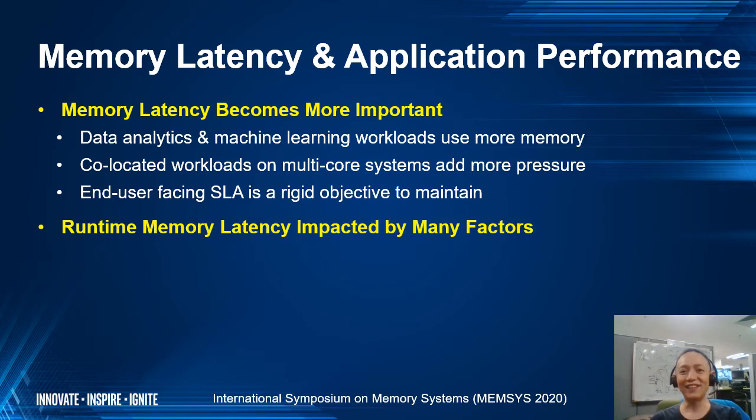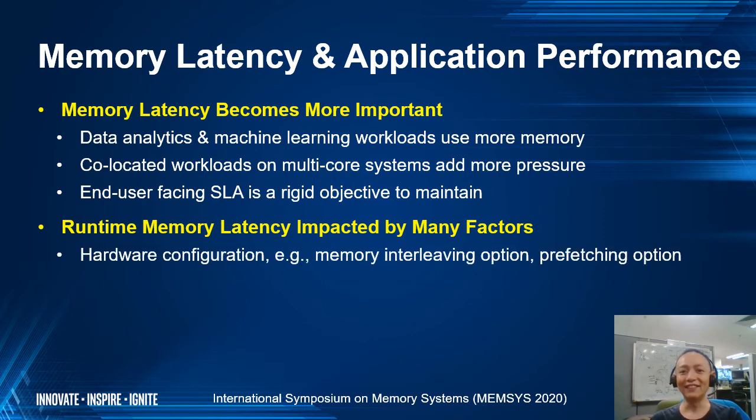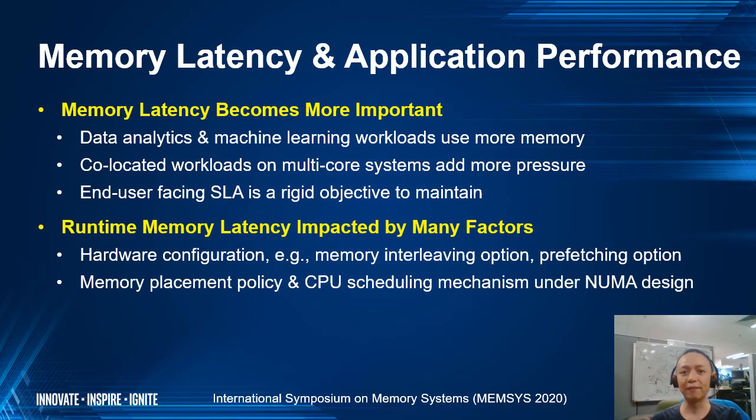On the other hand, application memory latency during runtime is impacted by many factors. For example, the hardware configurations such as memory interleaving and cache prefetching change the memory access pattern and consequently impact the latency. With today's NUMA design, given multiple processor nodes in combination with their different CPU scheduling mechanisms, memory access may be remote or local with varying latency.